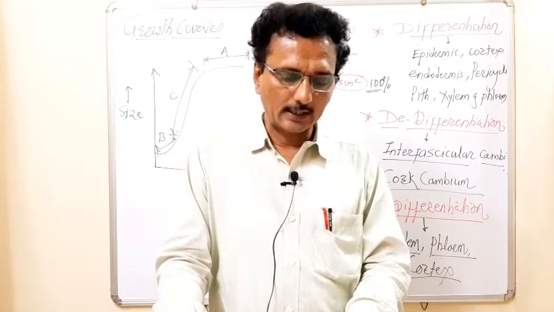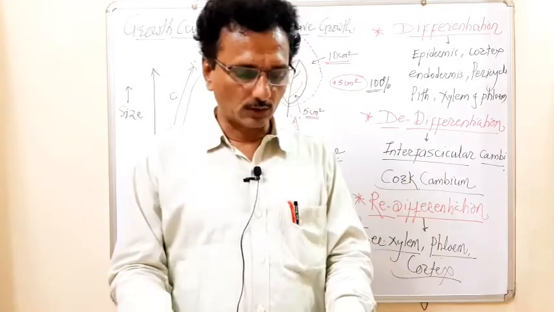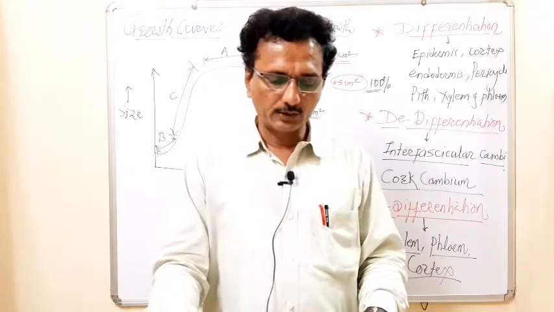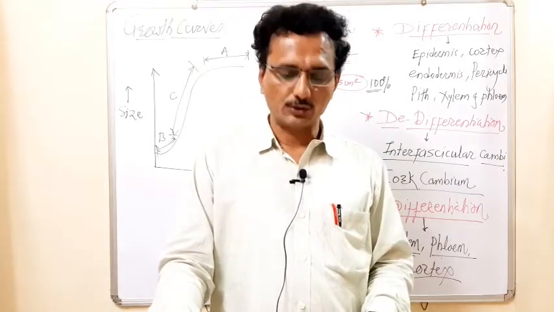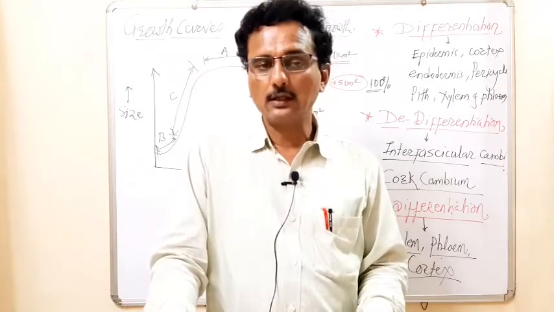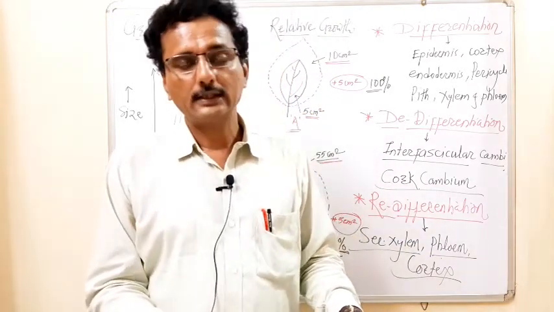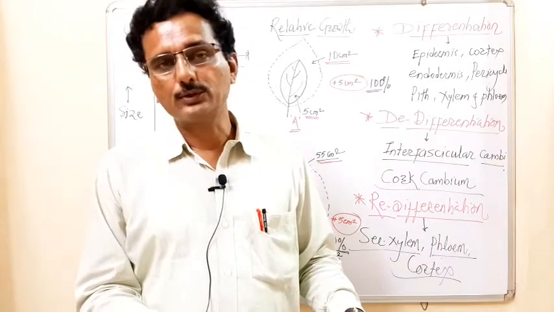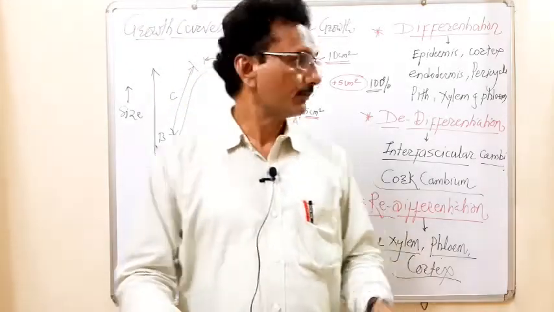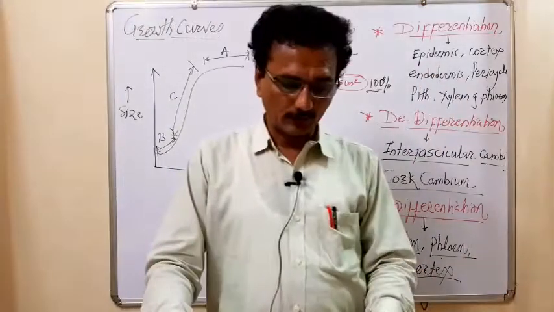This is an example of: first option growth, second option differentiation, third option dedifferentiation, fourth option redifferentiation. So what is the correct answer? The second option, differentiation. There is a formation of permanent cells, meaning the xylem and the phloem.